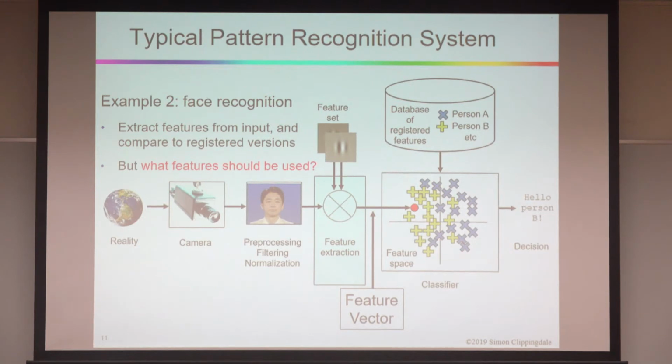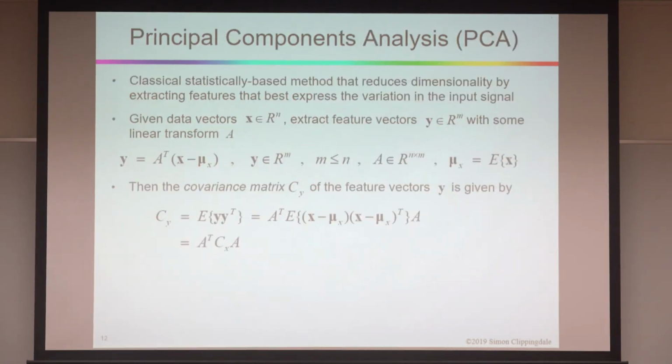So that's a fairly typical example of, in this case, our feature space looks like it's actually only two-dimensional, despite this image here being probably several thousand pixels. So this is an extreme dimensionality reduction going on here.